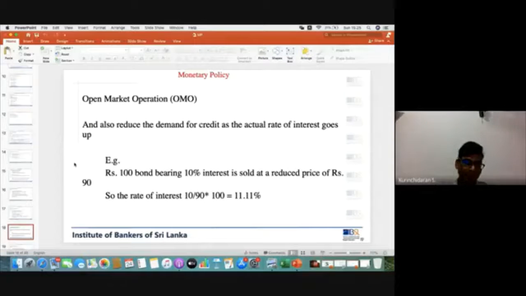A bond is there, the coupon rate is 10%, but it is sold at 90 rupees with the discount. So what is the yield of that bond now? 11.11%, because you can divide your income by your investment.